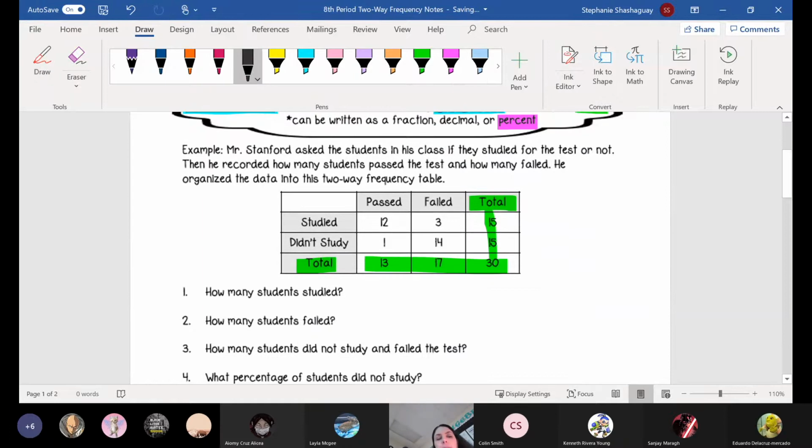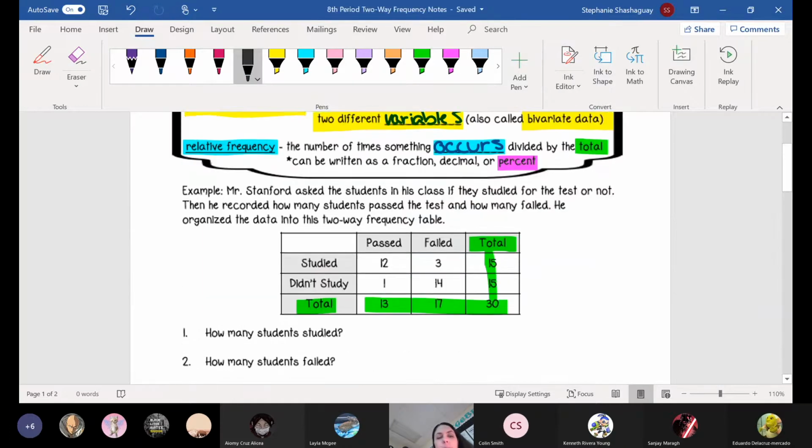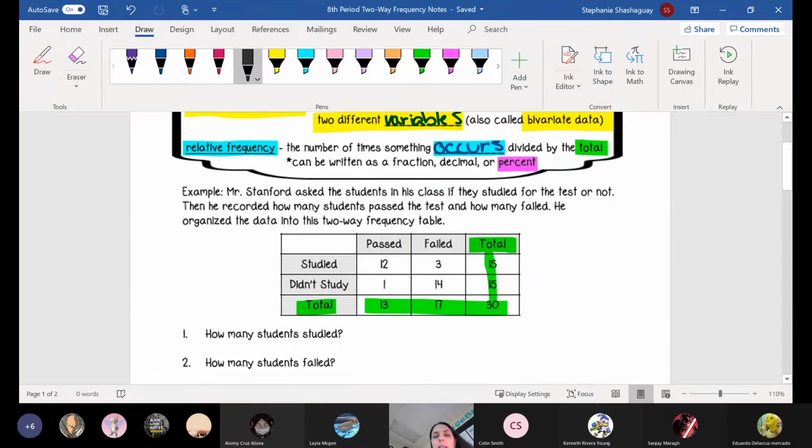So looking at an example here below, it says Mr. Stanford asked the students in his class if they studied for the test or not. Then he recorded how many students passed the test and how many failed. He organized the data into this two-way frequency table.